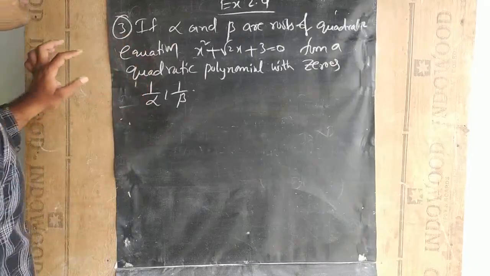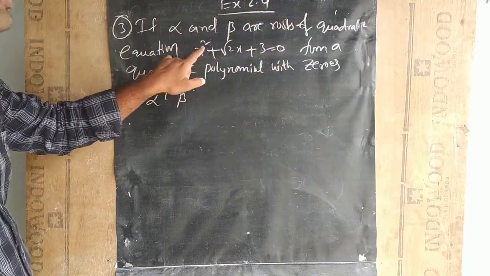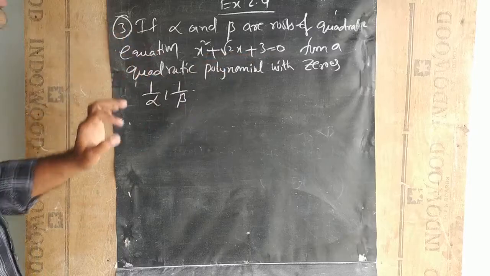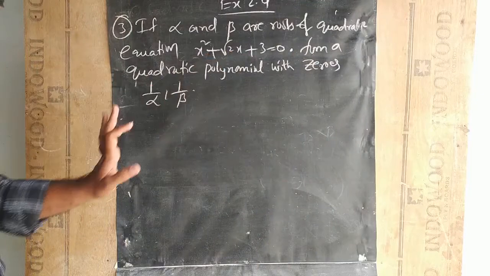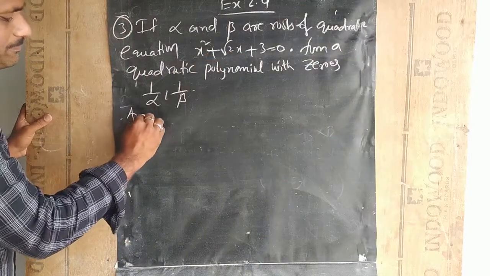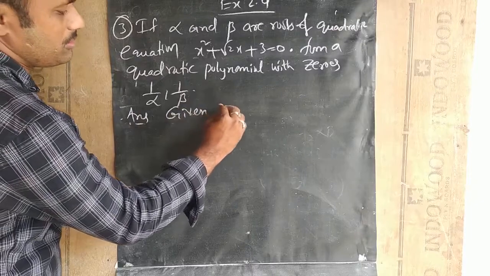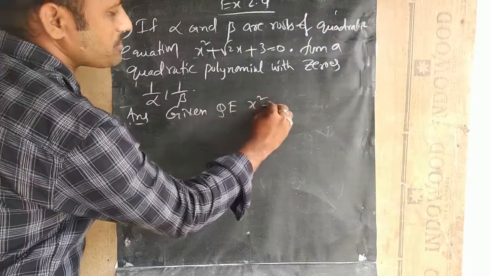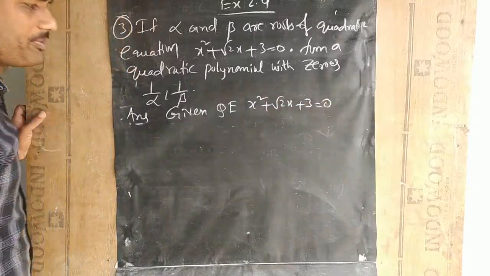Next, let us see the third question. If alpha and beta are the roots of the quadratic equation x square plus root 2x plus 3 is equal to 0, form a quadratic polynomial with the zeros 1 by alpha comma 1 by beta. Given quadratic equation QE, that is x square plus root 2x plus 3 is equal to 0.